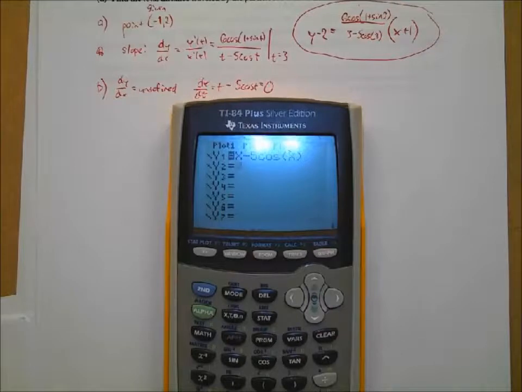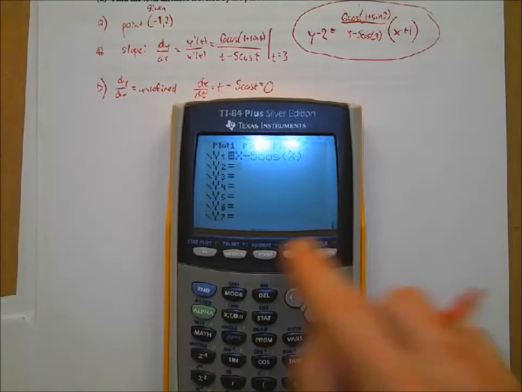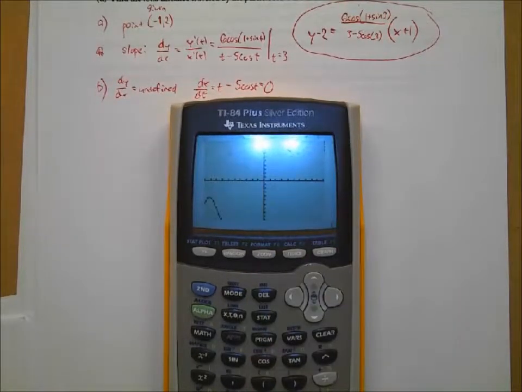Okay, so it looks like we're equal to 0 at a couple of t values here. But there's only one positive t value here. So we're going to stick to the positive t value, which is this guy right there.